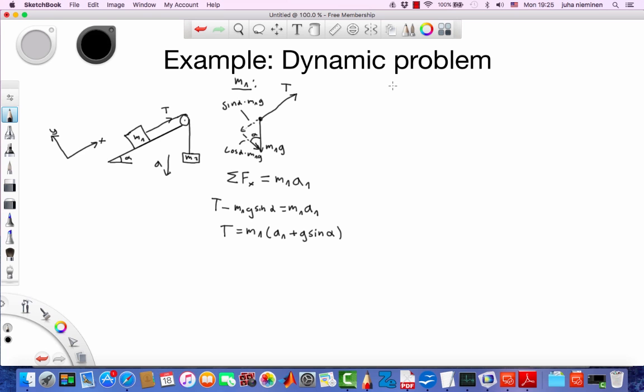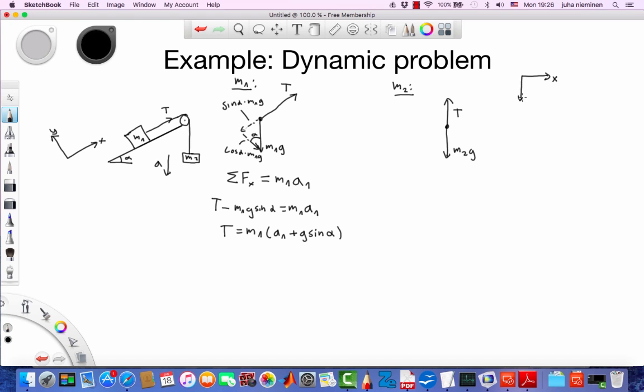In the same fashion, the free body diagram for mass 2 is as follows. Gravity acts down, m2g, and the tension in the rope, which is uniform throughout the rope, is pulling it up like this. How do we choose our coordinate axis in this case? We don't need the x direction because the movement is up and down, so we just decide which way is positive.